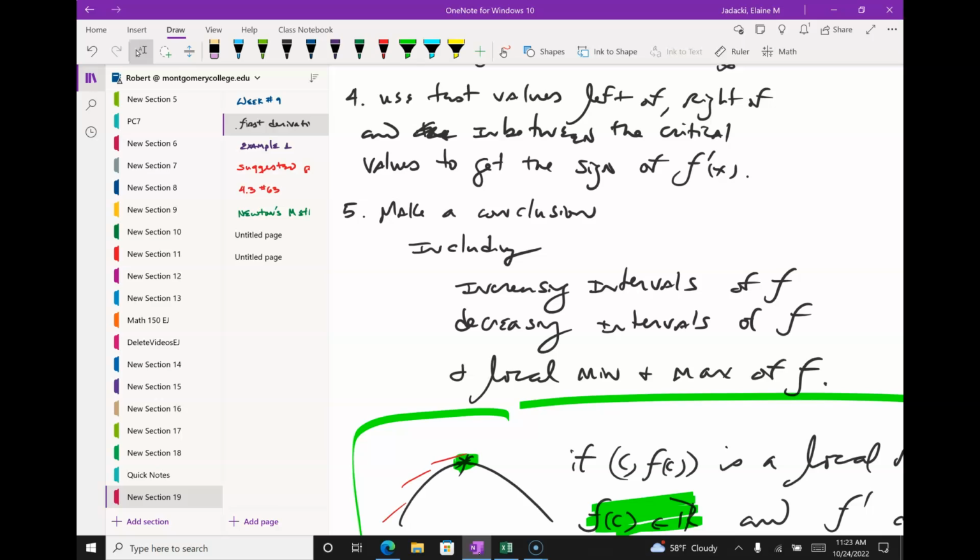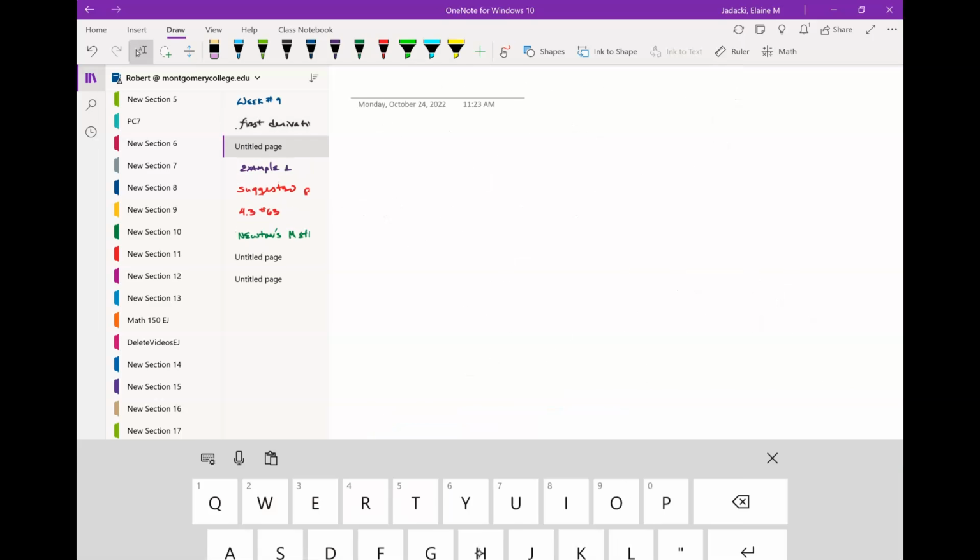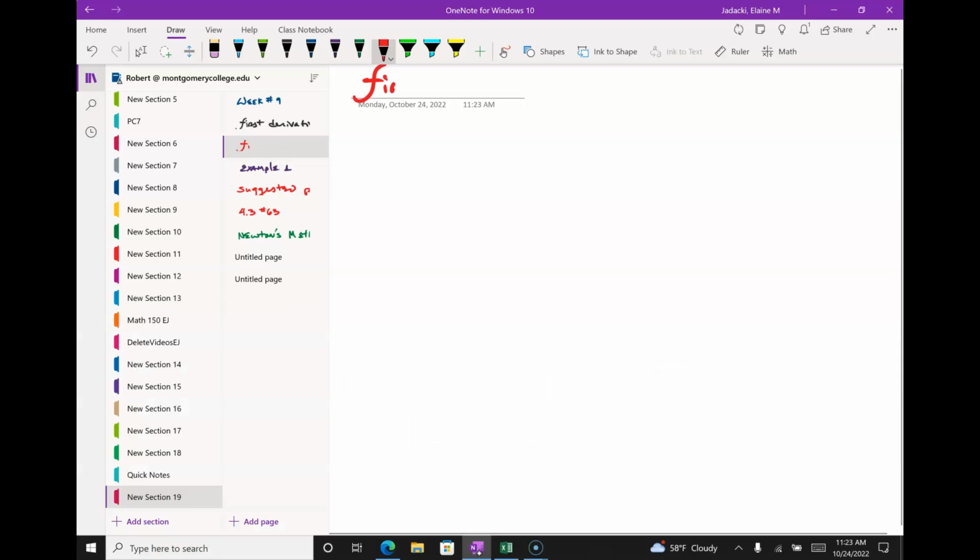Make a conclusion about increasing intervals, decreasing intervals, and local min and max. Okay, here we go. First example, nice and easy.